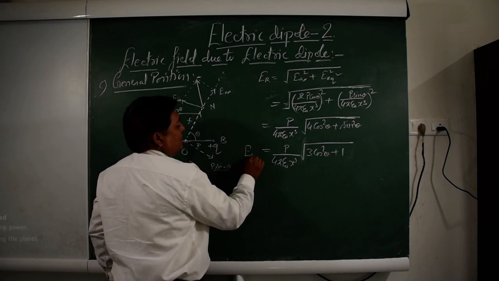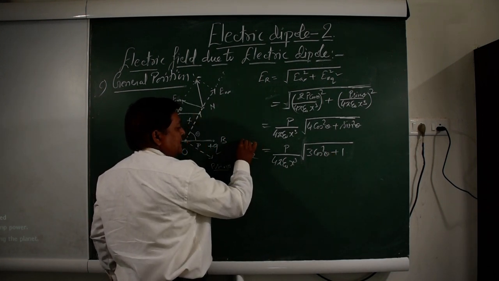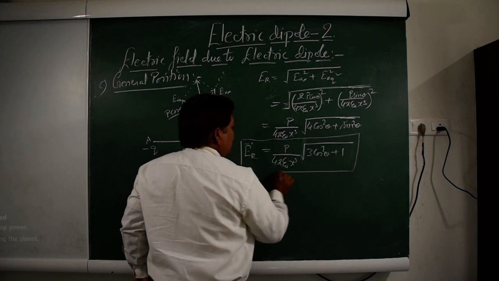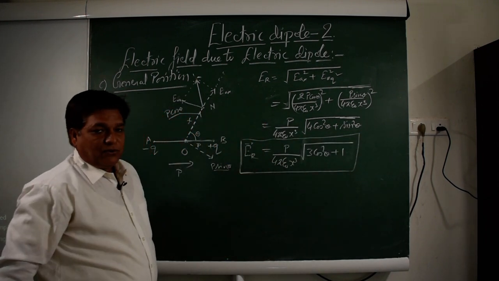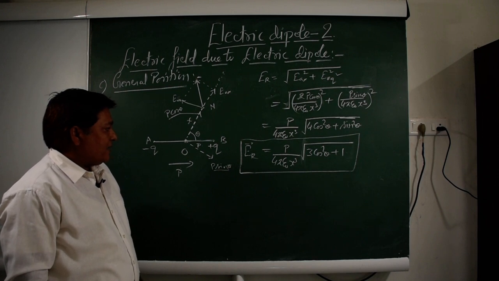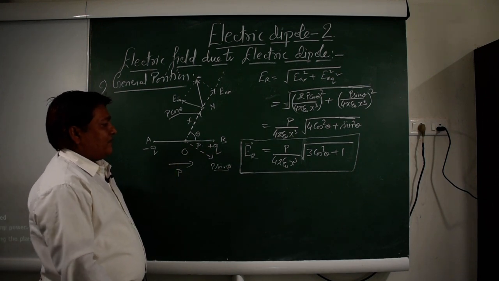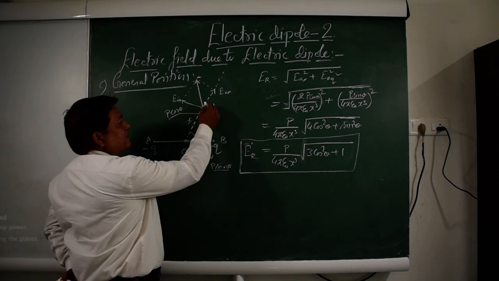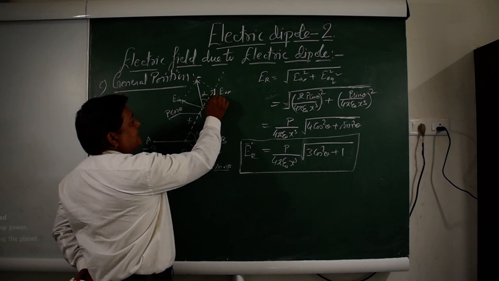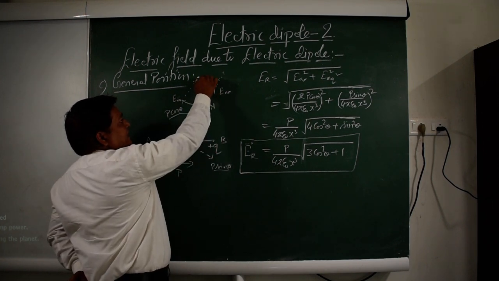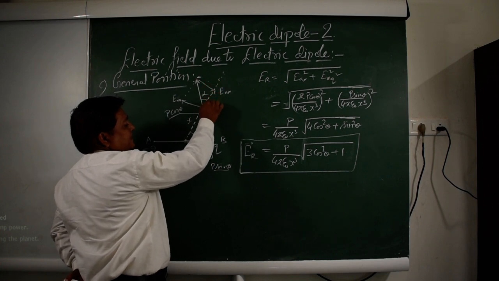This is the required expression for the electric field at any general location due to an electric dipole. What will be its direction? We can find out the direction also. If it makes angle alpha with this, then this will be the perpendicular upon base.